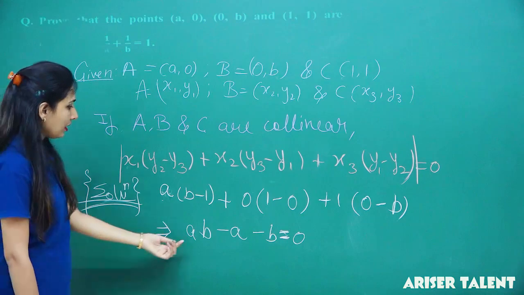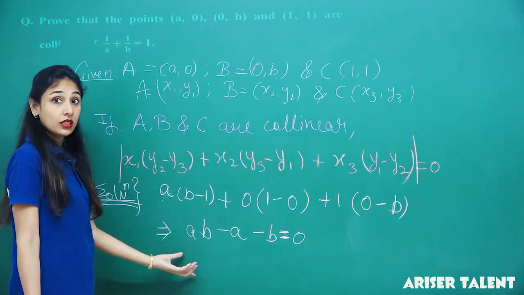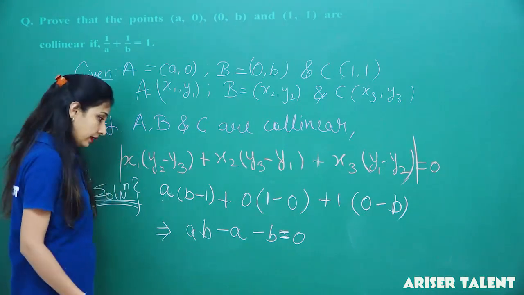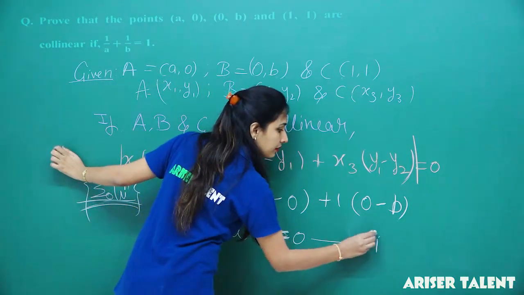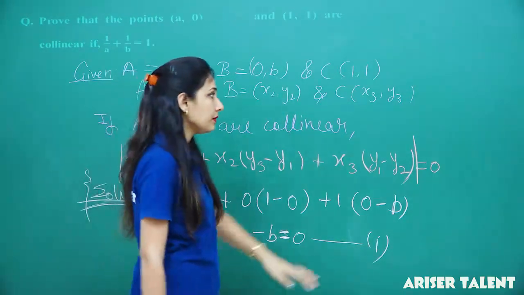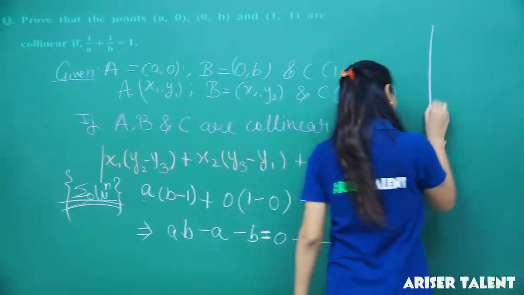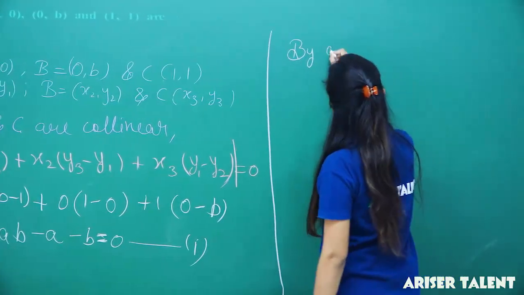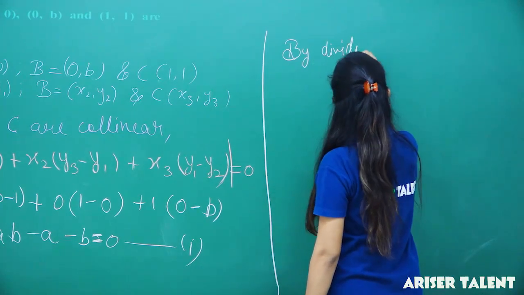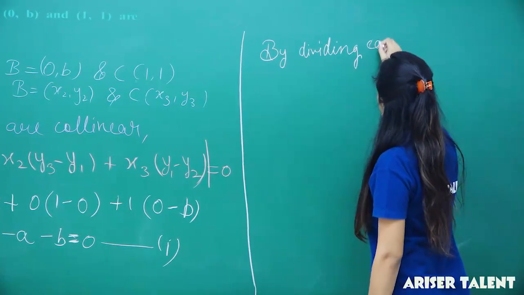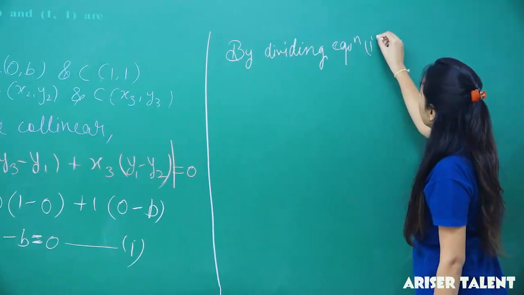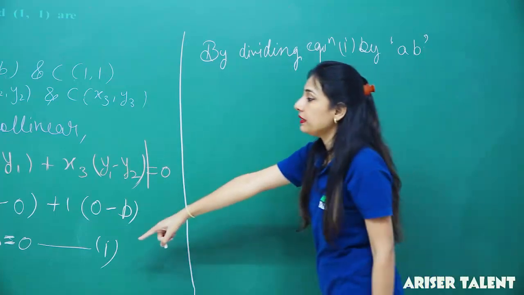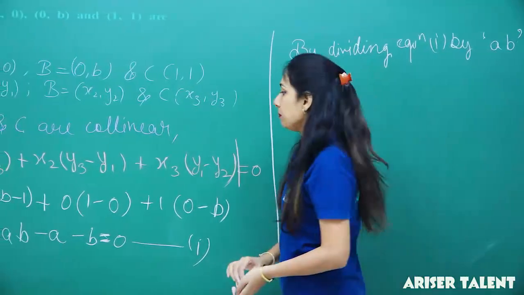Okay. So how can I make something here as 1 and have the other side as a and b? I'll do one thing. If this is equation 1, come this side students. I'm dividing equation 1 by ab, this complete equation by ab.